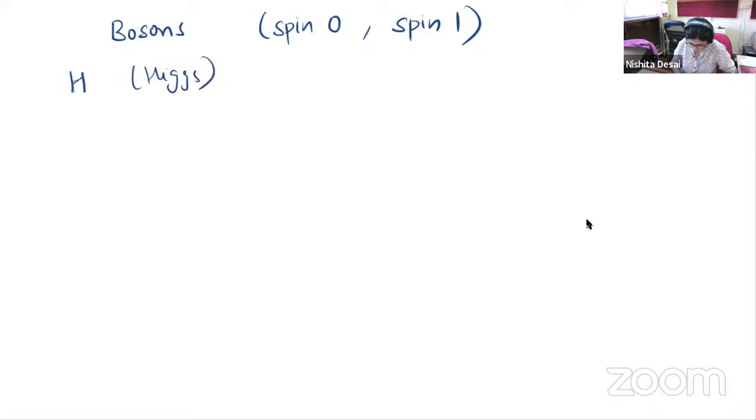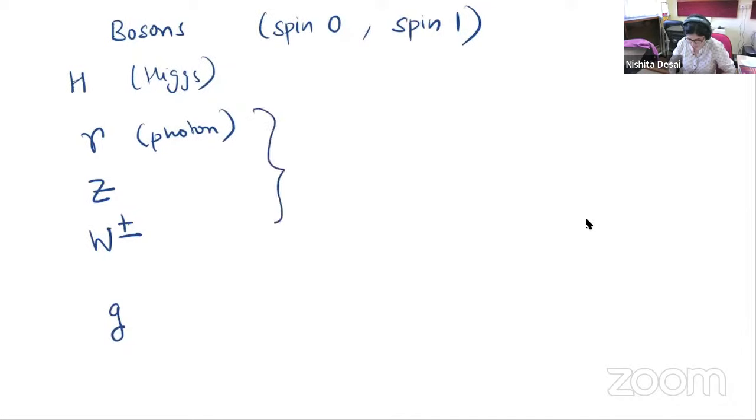And for spin 1, you have the photon, the Z, 2 Ws of opposite charge, and the gluon. All of these together make the electroweak sector, and the gluon is the carrier of the color.